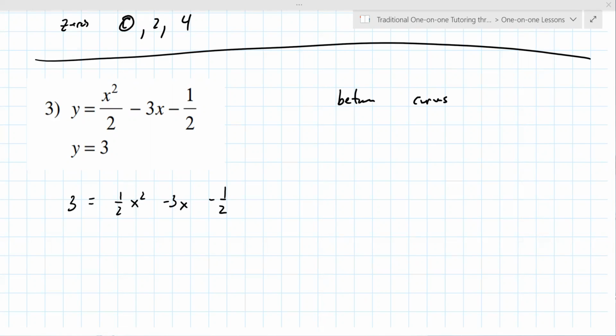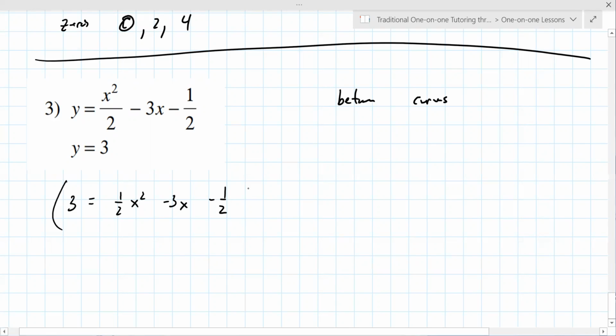So you move the 3 over, and then that becomes minus 15/6, right?